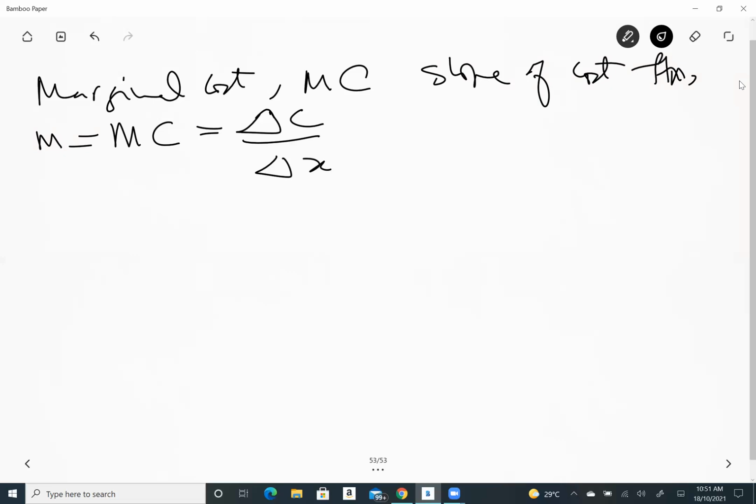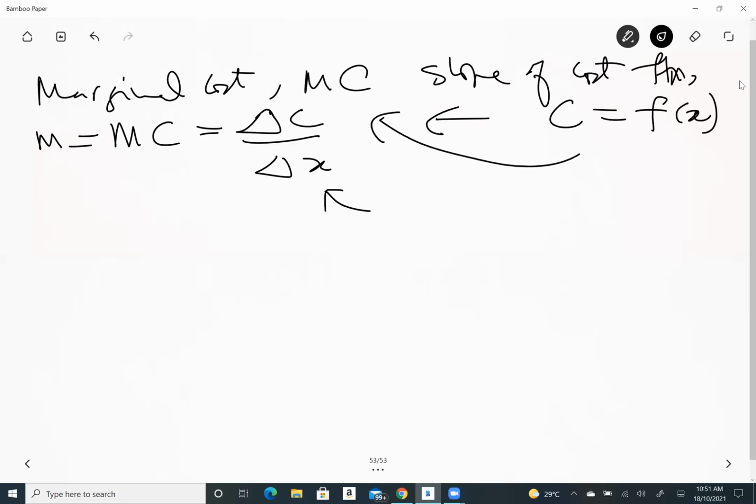Now, if you question how you got delta C over delta X, you will have to go back to our original notation. You have cost function of X. All right, so therefore, the slope is delta C over delta X. All right.